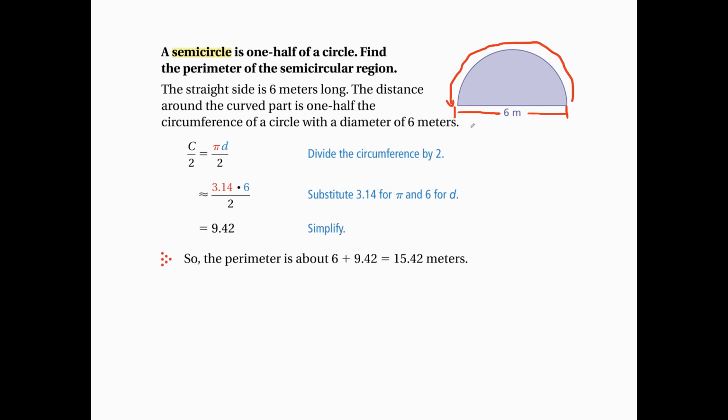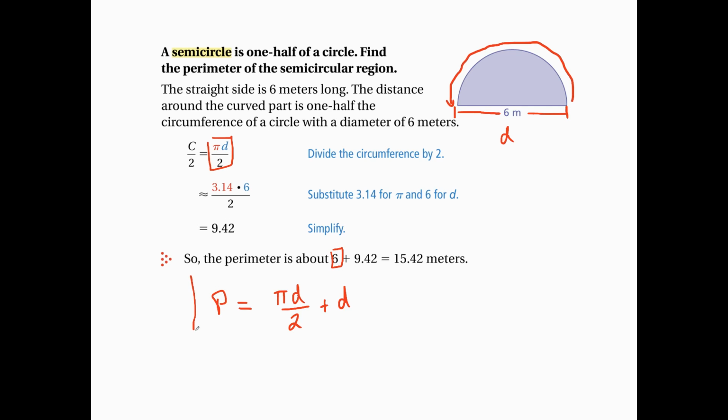Okay, so here is kind of a formula that I want you to write down that you can use to find the perimeter of a semicircle. Let me find half of the circumference of a circle and add it to the diameter. So in this problem we just worked out, d equals 6. And then notice I use this part of the formula, and then I just added the diameter when I was done.